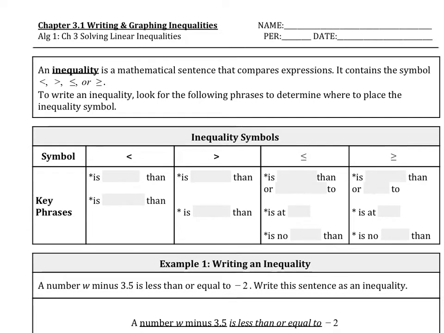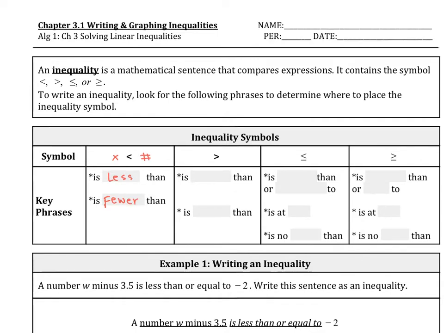For example, this symbol is used for less than. So if you write x here, it means that x is less than a number. This is used for less than, or it is also called fewer than.